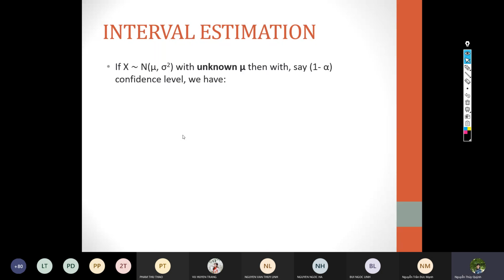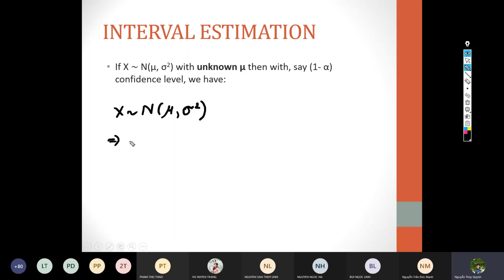In this case, we have x following a normal distribution with expected value mu and variance sigma squared.